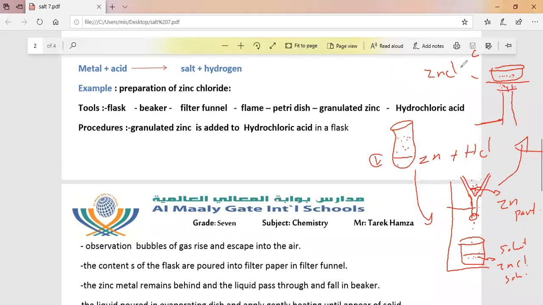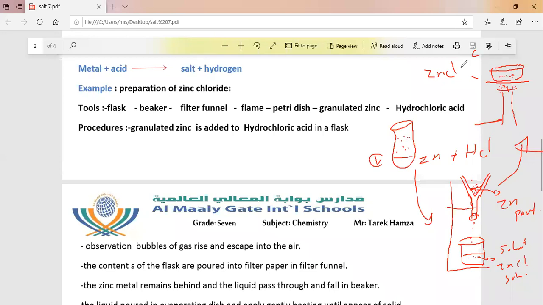Observation: liquid falls down into the beaker put under the filter funnel, and particles are trapped on the filter paper. Take the solution found in the beaker and put it in an evaporating dish.